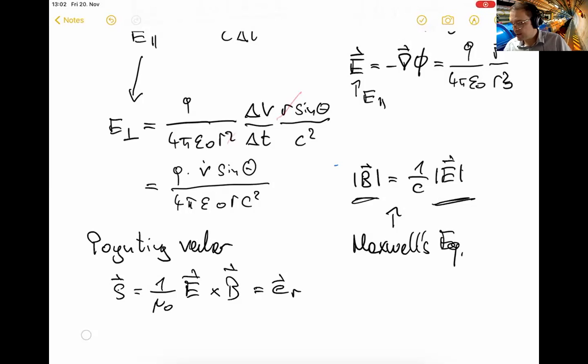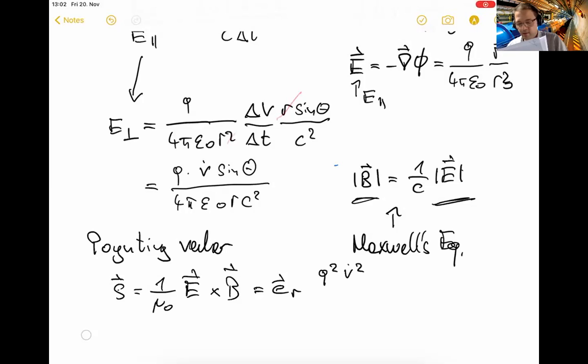The rest is the magnitude of the E and B fields multiplied by 1 over mu 0. Because the magnitude of the B field is the magnitude of the E field divided by c, we just need to square. So let's square. We get the perpendicular component squared, and I square everything that I have here.